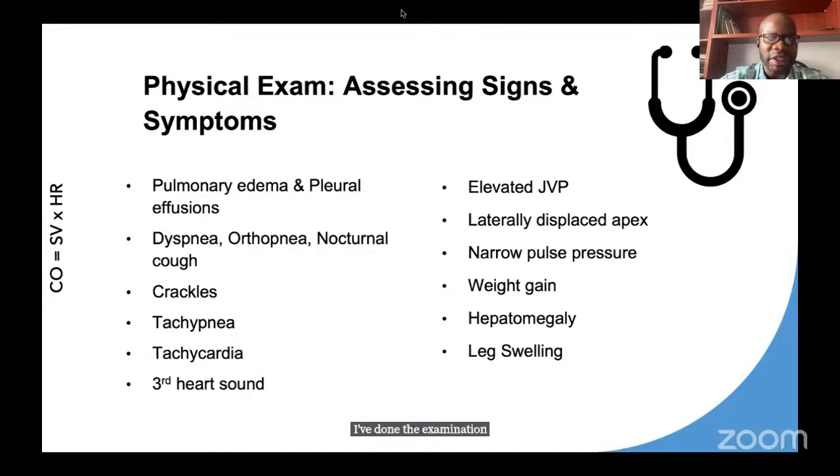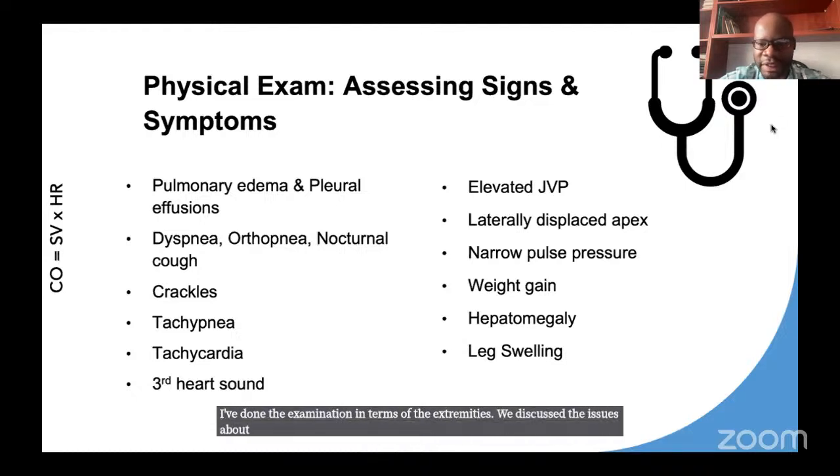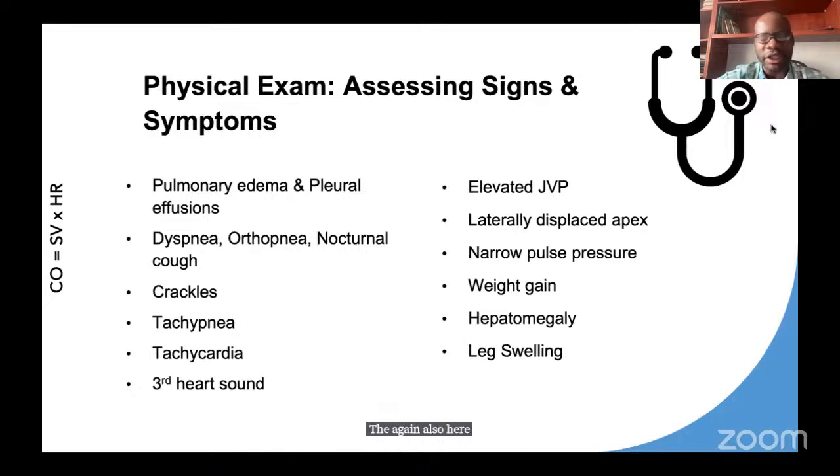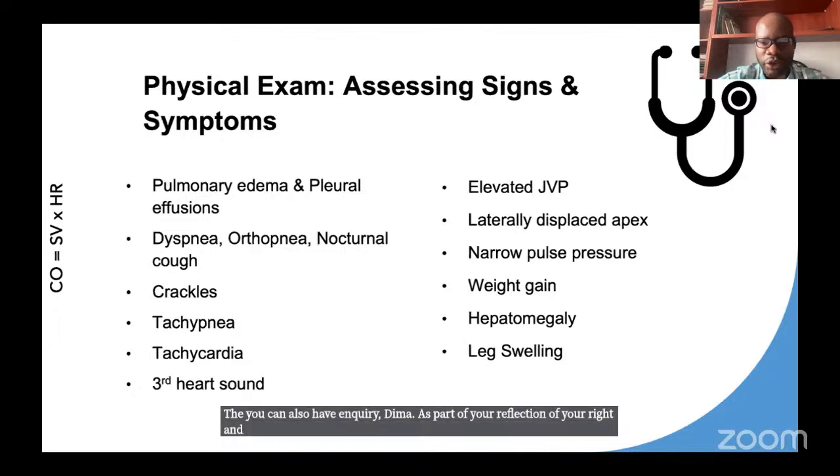In terms of the extremities, we discussed cold peripheries and delayed capillary refill. You can also have ankle edema and sacral edema as a reflection of right ventricular congestion. And of course, the fluid retention usually results in acute weight gain.